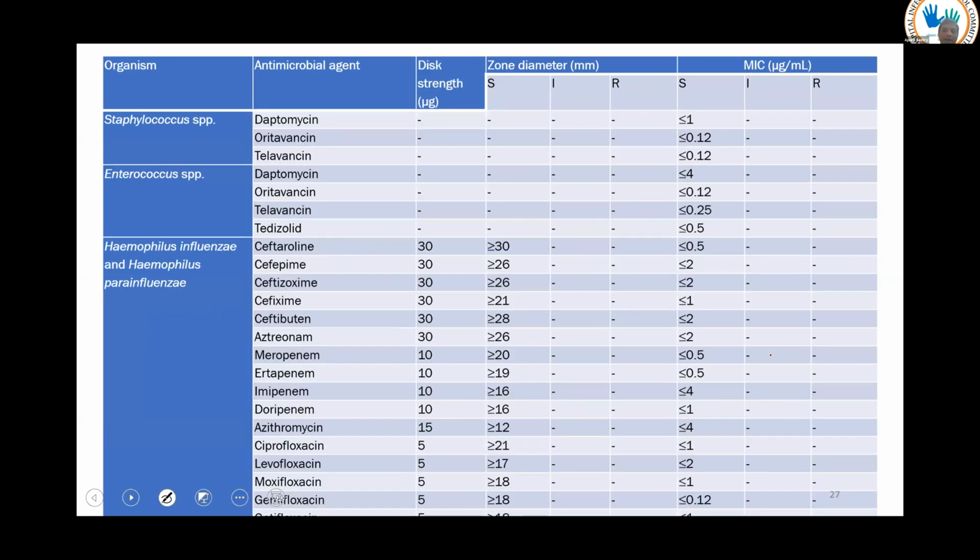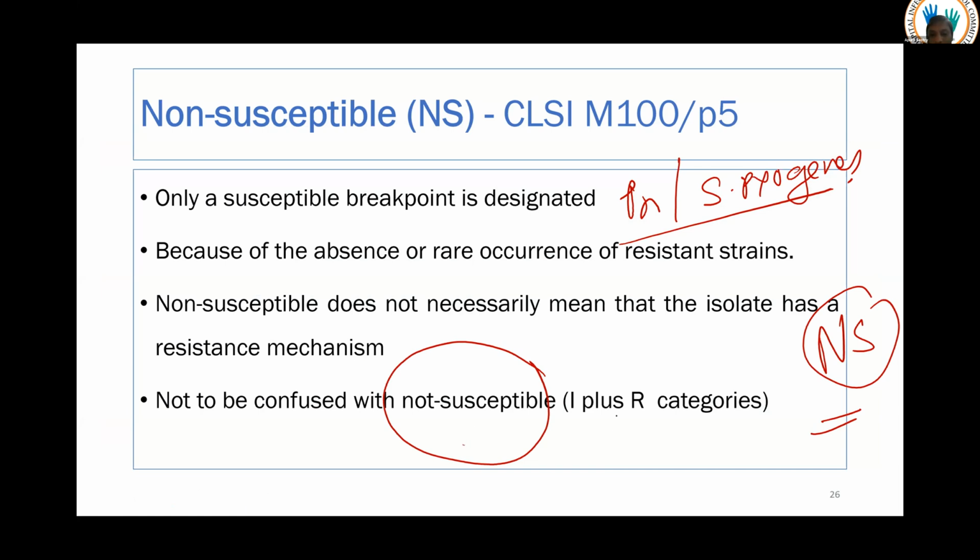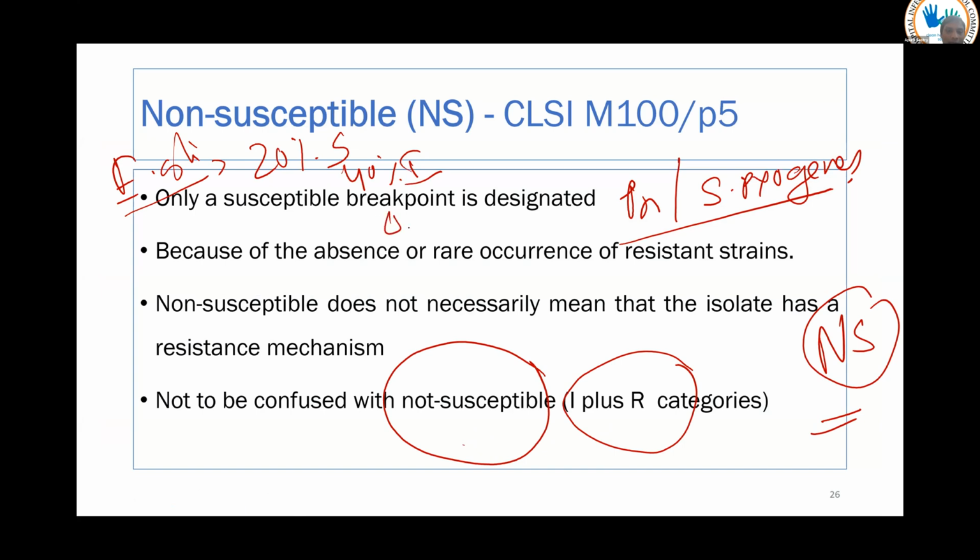NS is the non-susceptible category. Non-susceptible means a category where resistant breakpoints are not available. You should not confuse non-susceptible with not susceptible. Not susceptible means I plus R result. For example, in E. coli, 20% are sensitive, 40% of my isolates are intermediate, and another 40% are resistant.